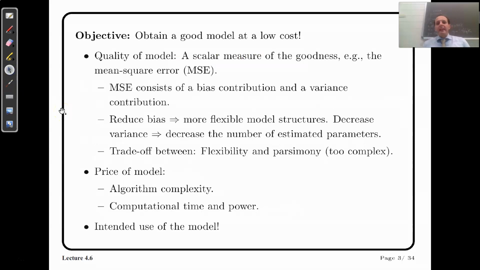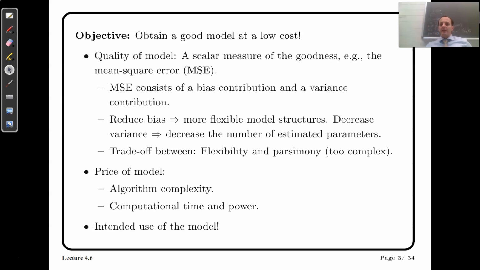So the final objective, as we will see in the application part after these lectures, is that we need to introduce a measure of the quality of the model. The quality of the model should use a scalar measure in order to describe its goodness.